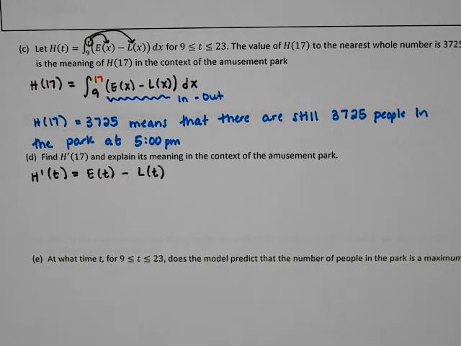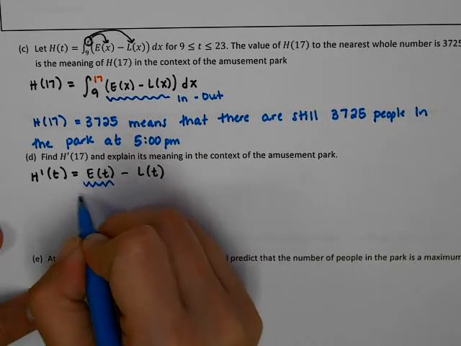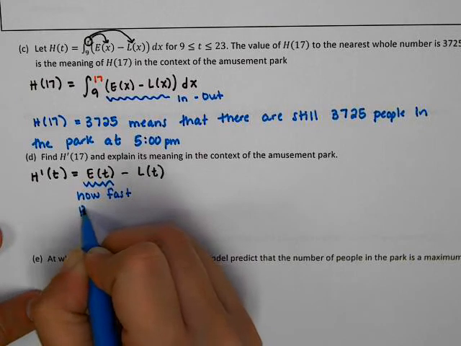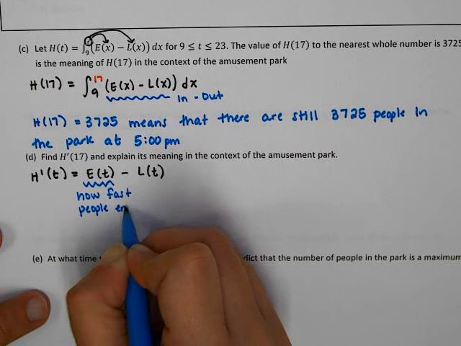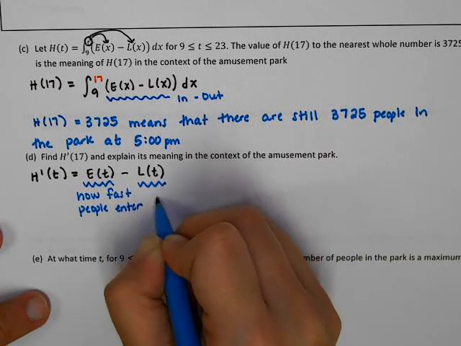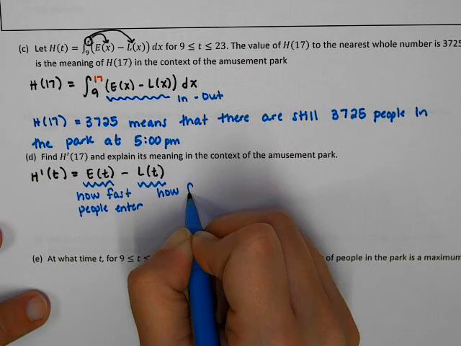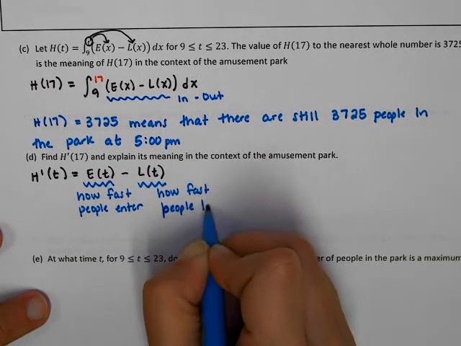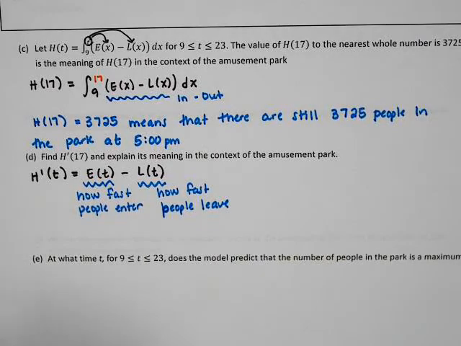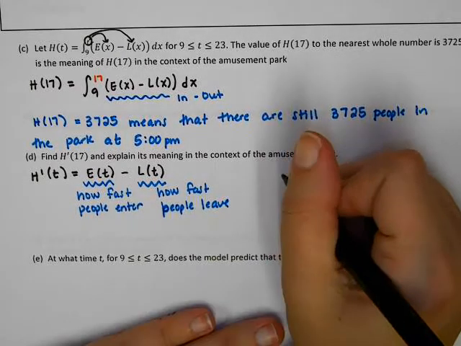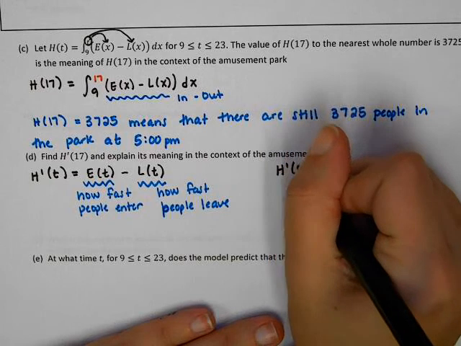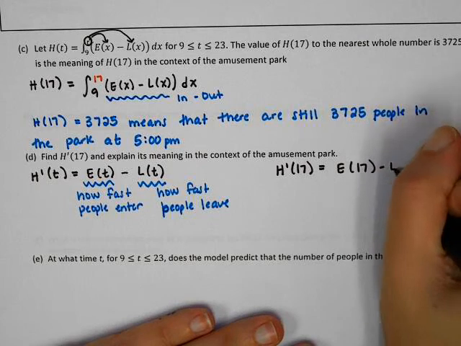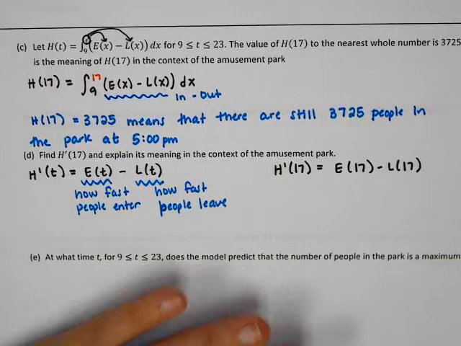Well, E of t is how fast people enter. L of t is how fast people leave. It's the rate. So h prime of 17 would just be E of 17 minus L of 17.